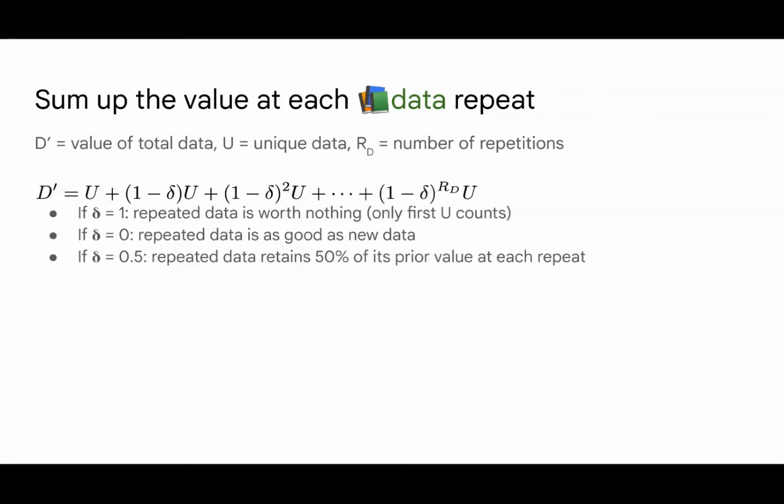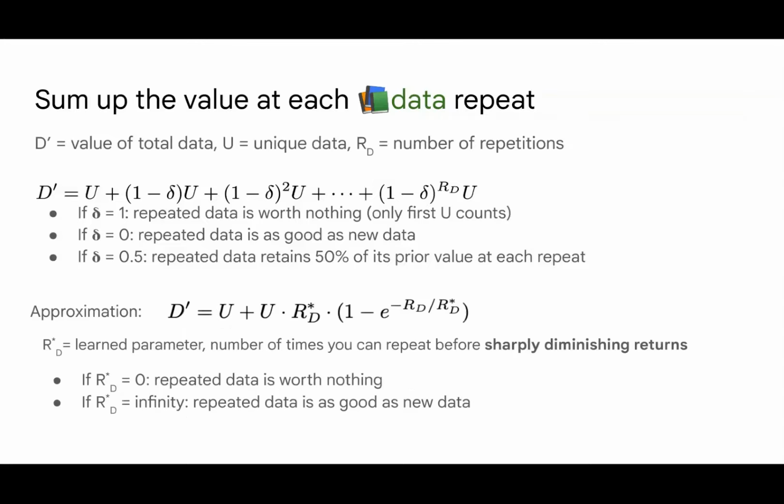If delta is equal to 1, then repeating the data is worth nothing. We might as well only use the unique tokens once. If delta equals 0, then we could repeat the data forever, and really there's no problem at all. If delta has a value of 0.5, then each repeated use of the data is only 50% as valuable, and the value of repeated training goes down quickly.